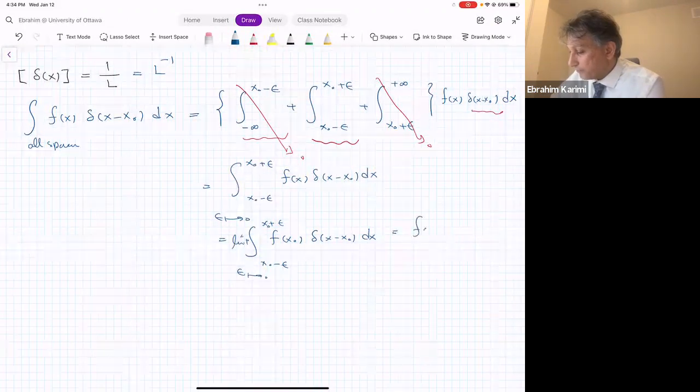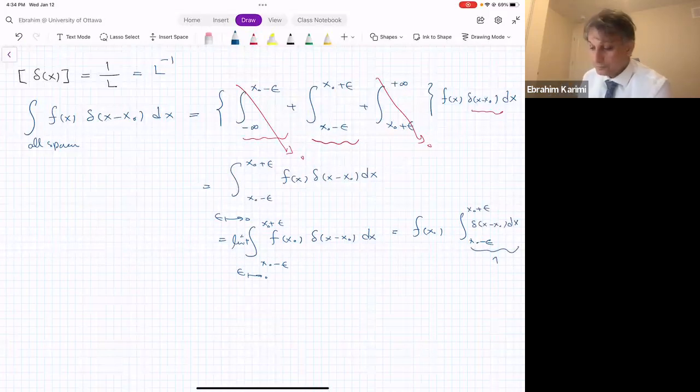That will be f of x0 times the integral of delta of x minus x0 dx, which is equal to 1.